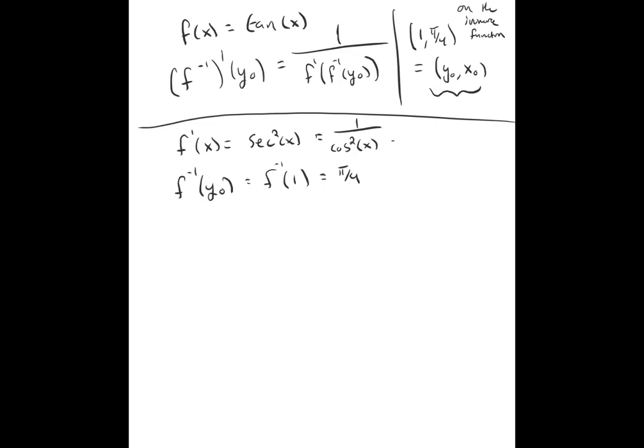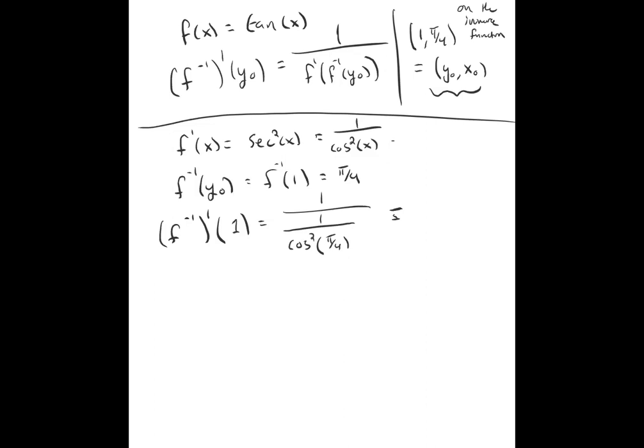So we're ready to put the pieces together. f inverse prime at y naught, which is 1, is 1 over f prime, which is secant squared, or 1 over cosine squared. So this is 1 over 1 over cosine squared of pi over 4. We'll simplify that. When we divide by a fraction, we can flip and multiply.